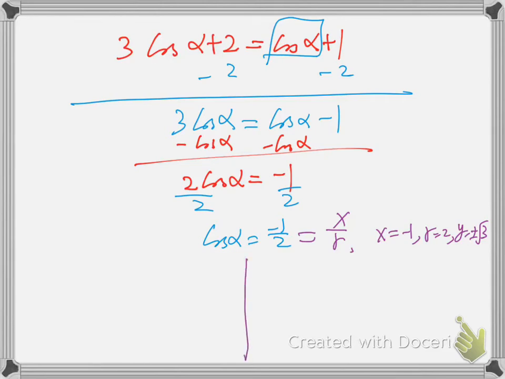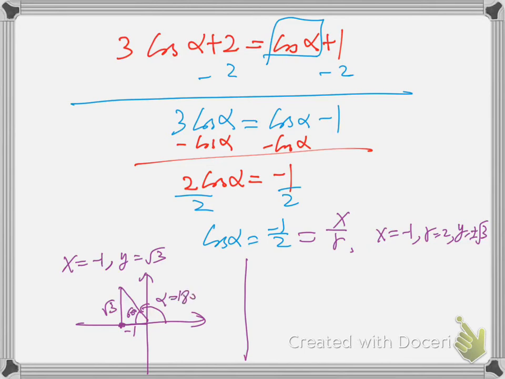First, x is negative 1, y is positive radical 3, so we know this angle is 60. So alpha is 180 minus 60, which is 120.